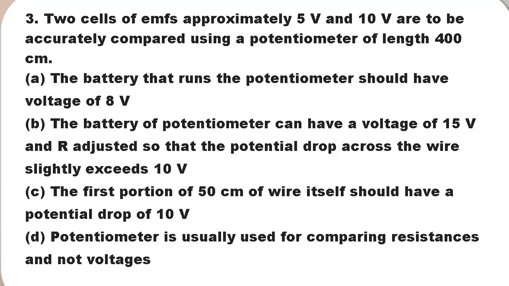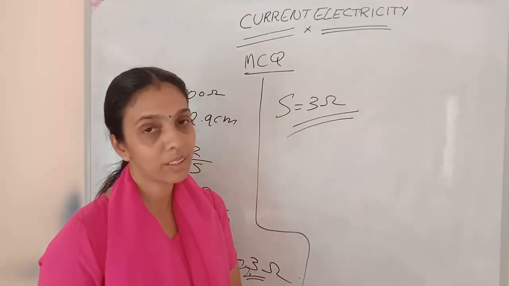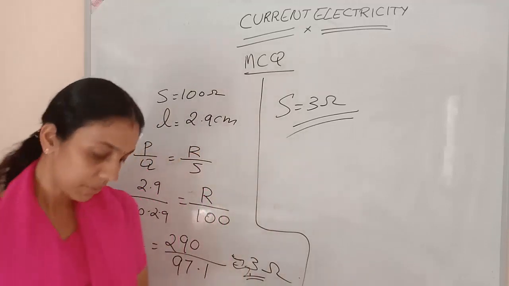The options: the battery that runs the potentiometer should have a voltage of 8 volt; the battery of the potentiometer can have a voltage of 15 volt and is adjusted so that the potential drop across the wire slightly exceeds 10 volt; the first 50 centimeter of wire itself should have a potential drop of 10 volt; a potentiometer is usually used for comparing resistances and not voltages. See, anyway that option we can avoid.